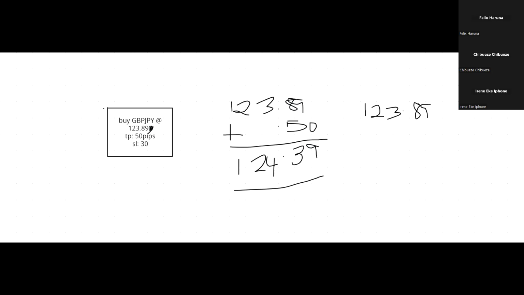So this time it will be minus 30. There is a dot here. So 0 minus 9 is 9. Then 3 minus 8 is 5. We'll now bring down the dot. Bring down the 1, 2, 3 again.